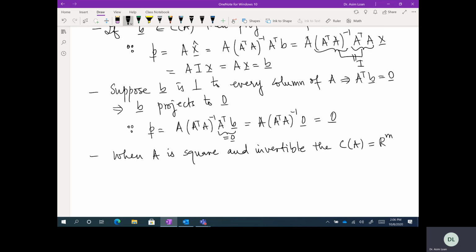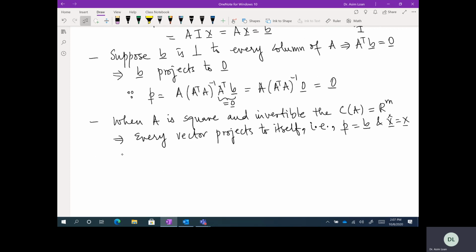This implies every vector projects to itself. Every vector, because every vector is in the column space, every vector projects to itself. That is P equals B, and X hat equals X.